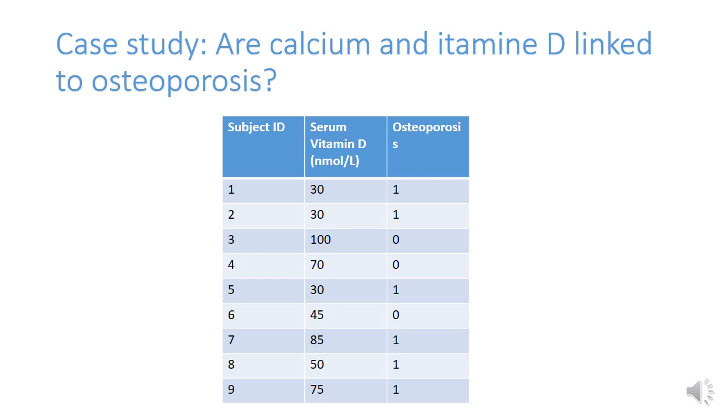Then the measure of serum vitamin D. You would also have a column for calcium, which is not shown here. These measures will be for each of the subjects. And then in the last column, mentioning if each of the subjects had osteoporosis. This information is coded by zeros and ones, where 0 stands for absence and 1 for presence.